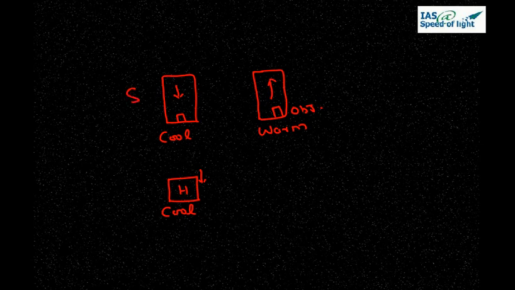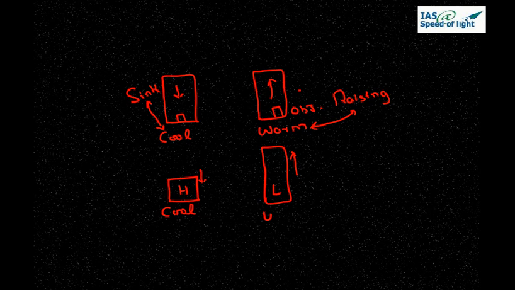So here with cooling we are seeing a principle of sinking, and with warming we are relating it with rising, like a rising balloon, a hot air balloon, it rises in air. Similarly here the air will rise, and it will create a low pressure here. It will rise up. So this is the result of warming.